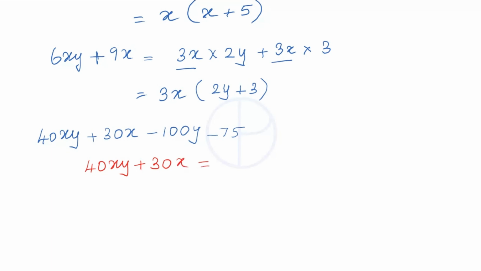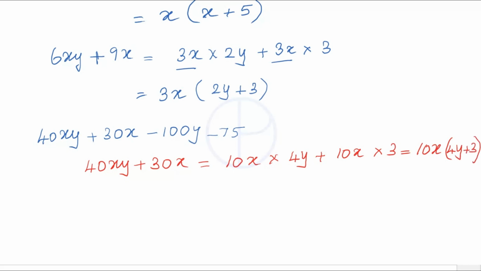The HCF is 10, and x is common in both the terms. So take out 10x multiplied by 4y plus 10x multiplied by 3, which can be written as 10x bracket 4y plus 3.